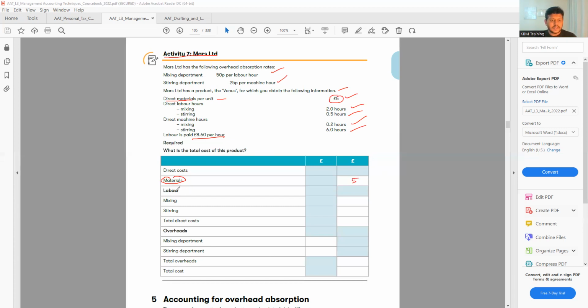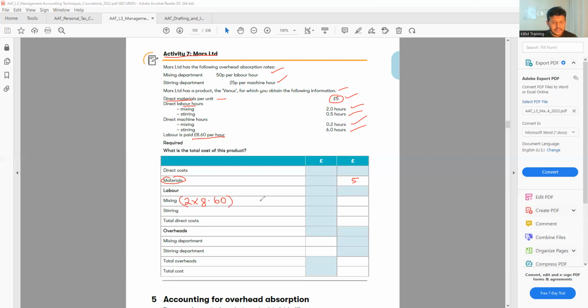The next one is the labor. Now we have a labor hour for the mixing and string. So let's have a look how much the labor cost will be. For labor, we need 2 hours for mixing, and for the string we need 0.5 hour. So we need 2 hours, and per hour is £8.60.